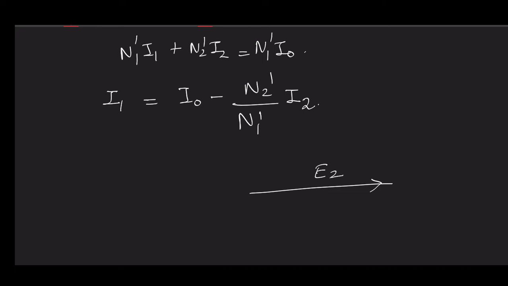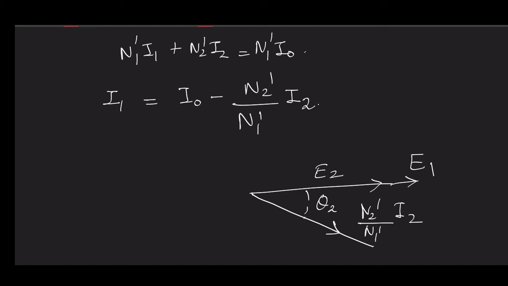I'm trying to copy it from that transformer diagram. E1, then the secondary current is like this, this is theta 2. So you have a reflection of that.